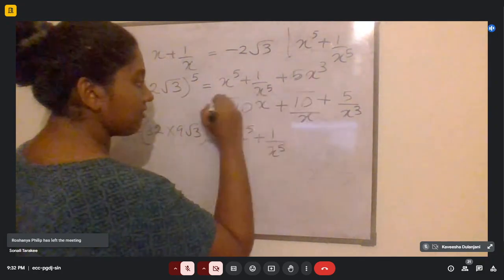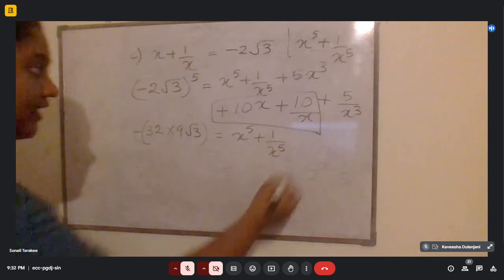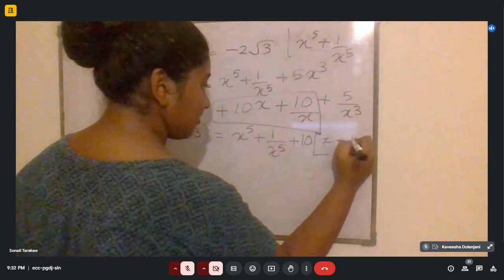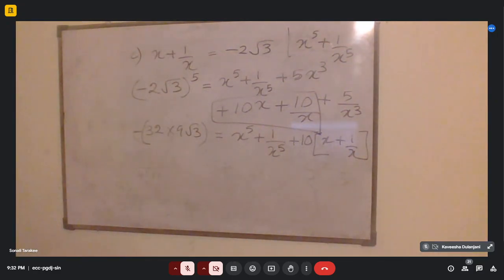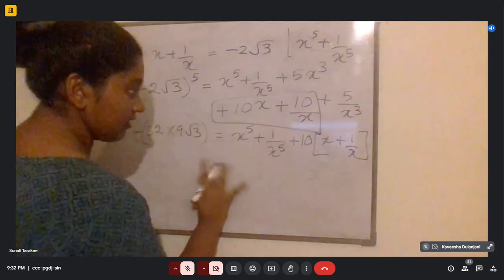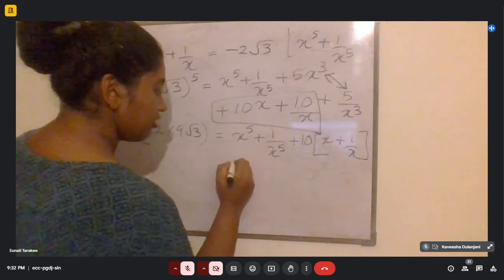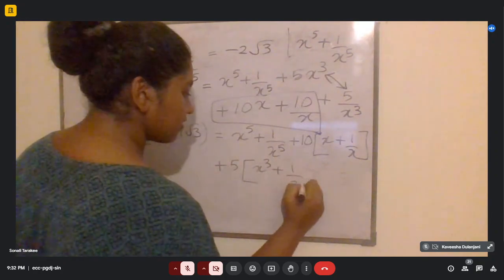Here, if I take this one, you can take x out, you can take 10 out and write x plus 1 over x. Then you have to write these two. You take 5 out, 5 times x cube plus 1 over x cube.